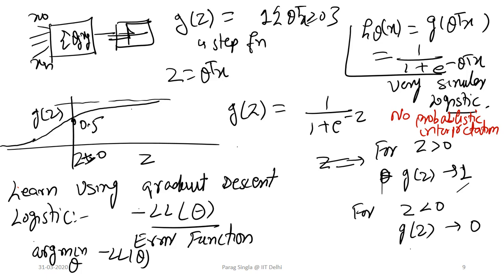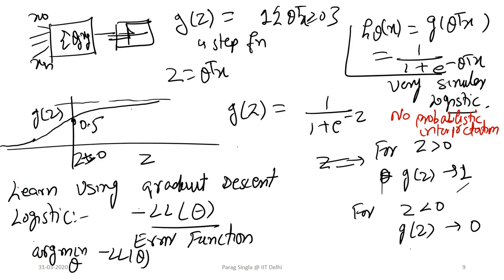Remember, for logistic regression, the error function was the negative of the log likelihood, where we interpreted h theta x as the probability of being 1, defined the log likelihood, and optimized with respect to theta, that is, argmin over theta of the negative log likelihood.